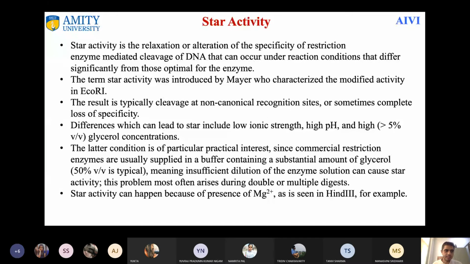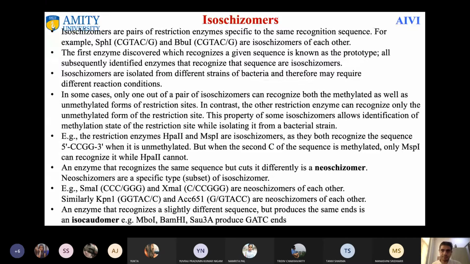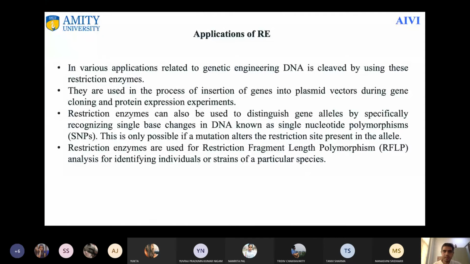The star activity is when your enzyme starts behaving abruptly, and the reasons behind that. Then we talked about isomerism in restriction enzymes, with three types of isoforms: isoschizomers, neoschizomers, isocaudomers.